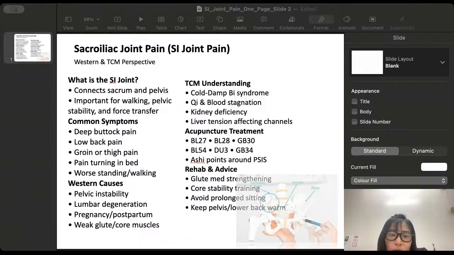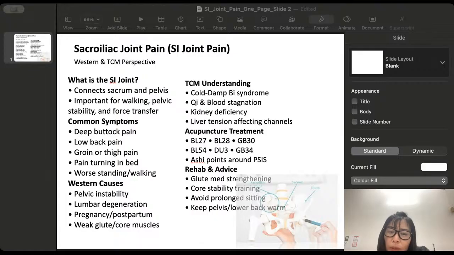Now let's talk about why lower back treatment often fails. We have some patients who only received treatment for their lower back, but it's not working. Why? Because the actual problem may not be the lower lumbar spine. Many practitioners only needle Bladder 23 and Bladder 25, which are located right beside the spine.